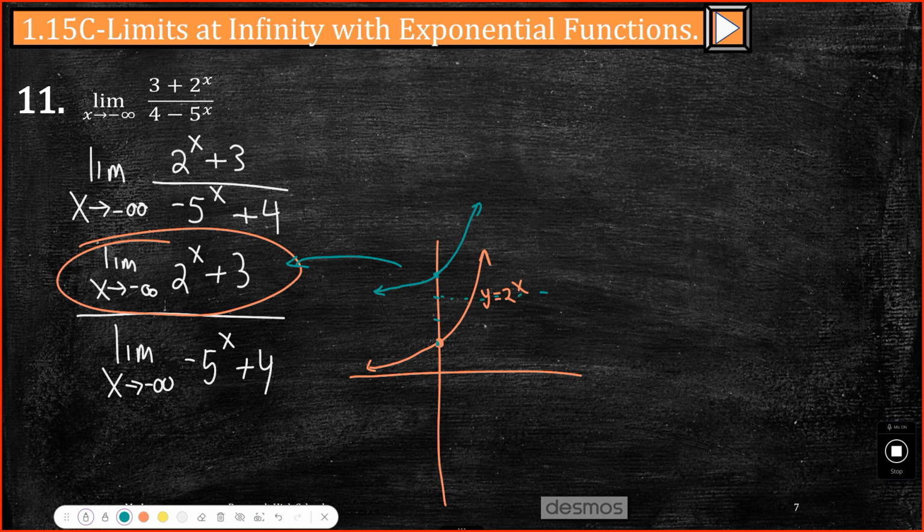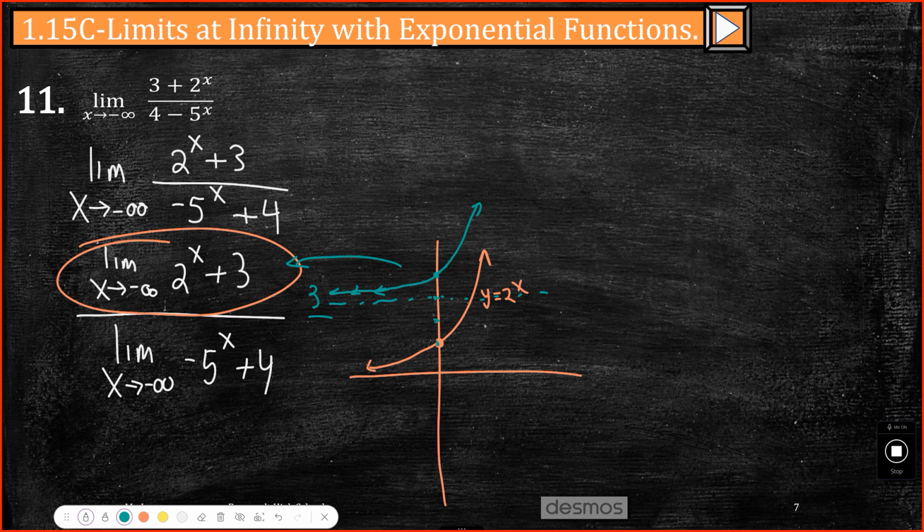It will never cross this horizontal asymptote, and it will get closer and closer and never cross it. So the limit at negative infinity will be 3. This makes sense to me. So the limit for the top is 3. Yes or no? Yes.